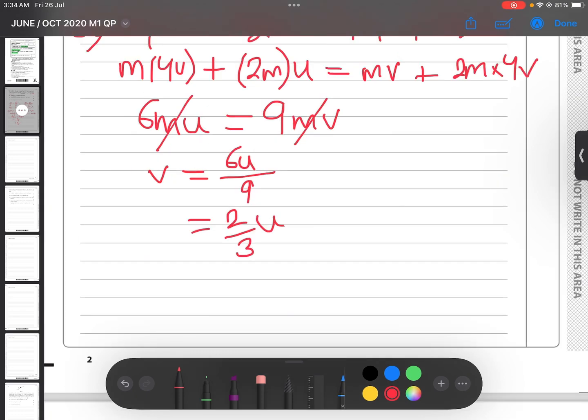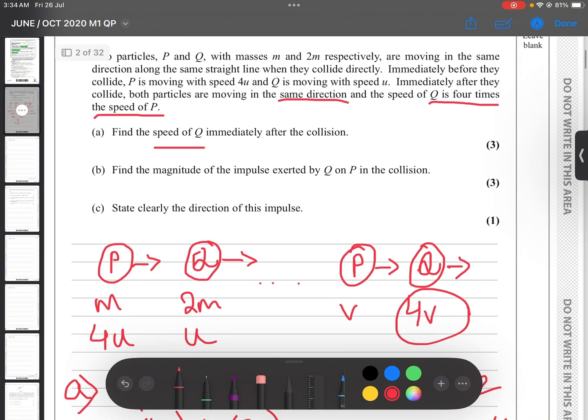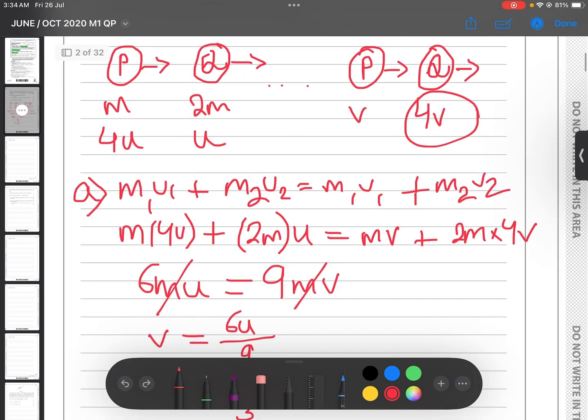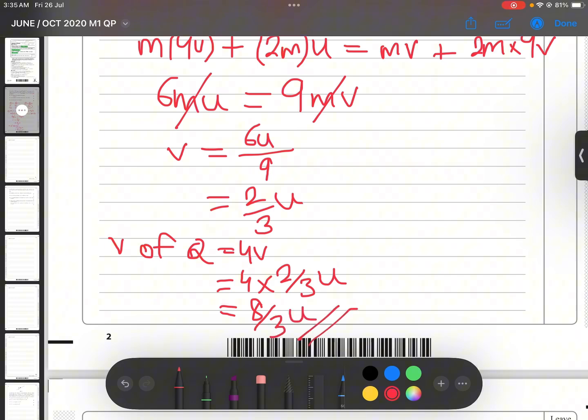So this is the velocity for particle P, but particle Q is 4 times the speed of P. And so the velocity of Q is going to be 4v as we said. So 4 times 2 over 3u, which is the v, and so the answer is going to be 8 by 3 u. And that is our answer.